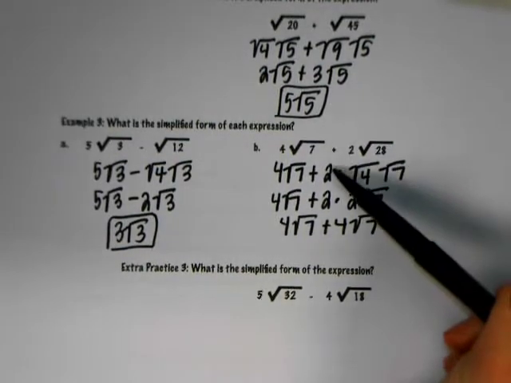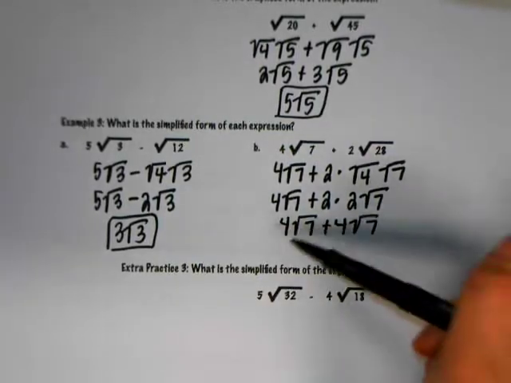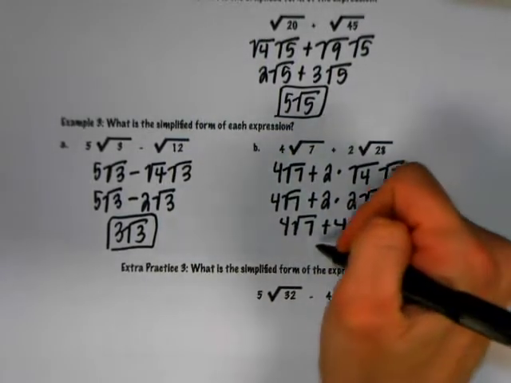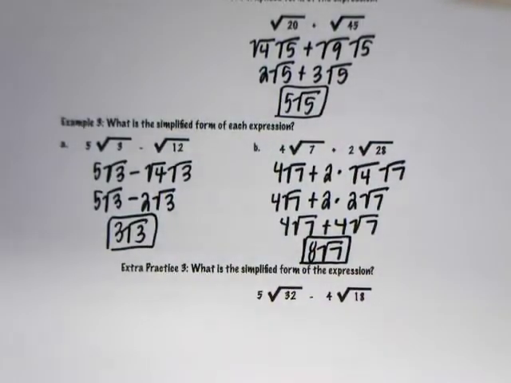So this 2 is coming from that 2, and then the radical 4 makes another 2, and you multiply them. Okay? And then what's 4 radical 7 plus 4 radical 7? Yep, 8 radical 7. And go ahead and try the last one.